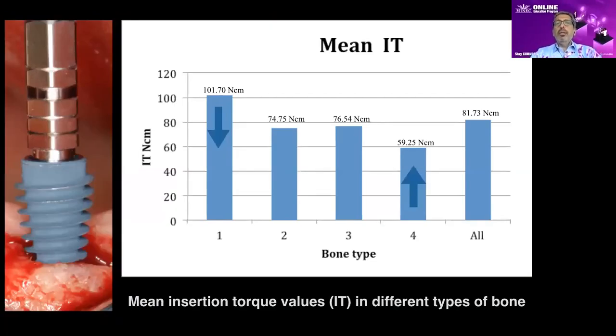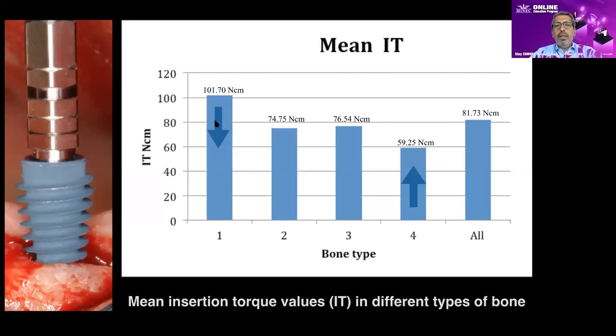So if we look into the IT values, you see that in different bone types we had, of course, different IT. It is expected to have high IT in hard bone, type 1, and we have, in this case, 100 Newton centimeters. But you see that with other implant systems, in other studies that we did, and I will compare, we had higher values in hard bone.